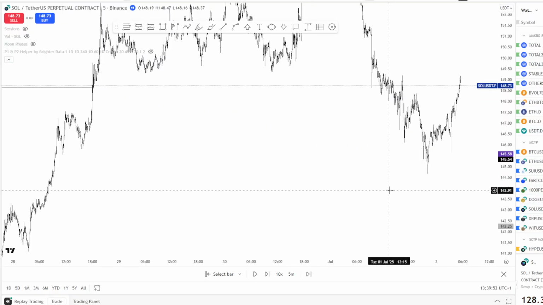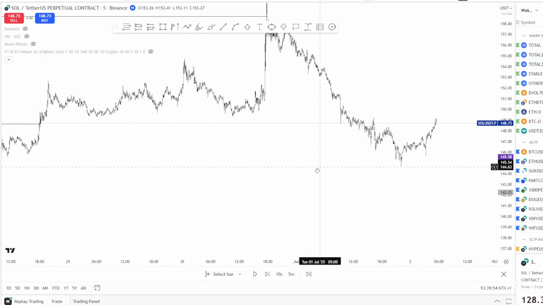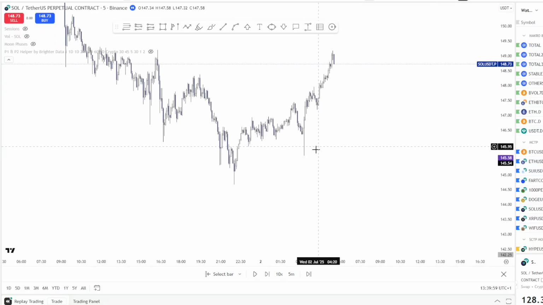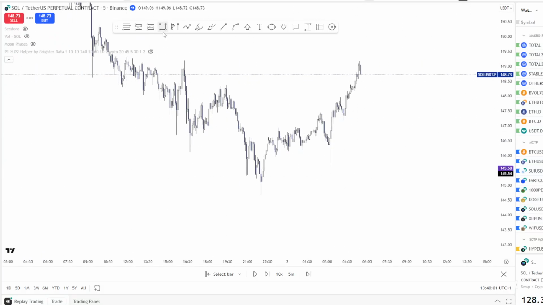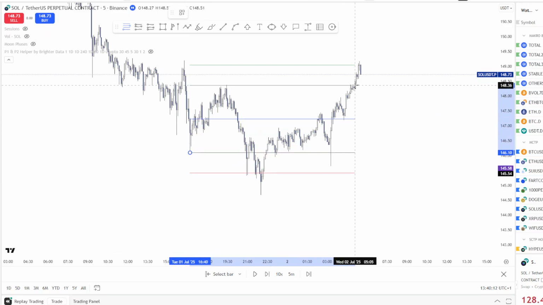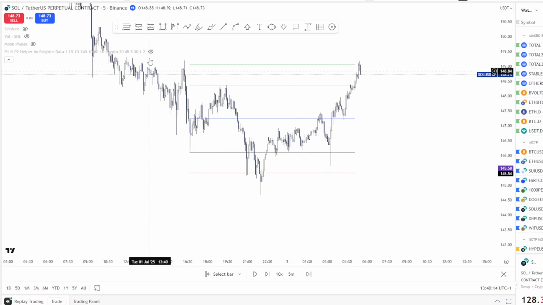But yeah, this is in a pro environment. Why? Because we had the demand. We can expect on the 12 hours a lower high, a higher low for a higher high. And this is a range, but yeah, nothing I would trade.